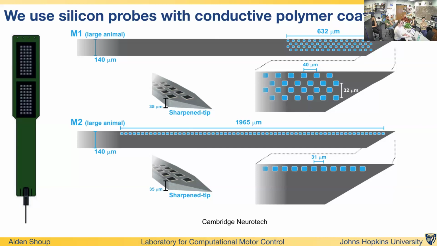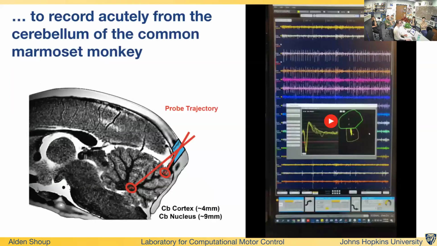So we use these silicon probes to record acutely from the cerebellum of the common marmoset monkey. This is a picture of generally where we're recording from. We go to cerebellar cortex and nucleus. We record from lobules 6 and 7 of the cortex for tongue and eye modulations, and then we also do the same in the fastigial nucleus.